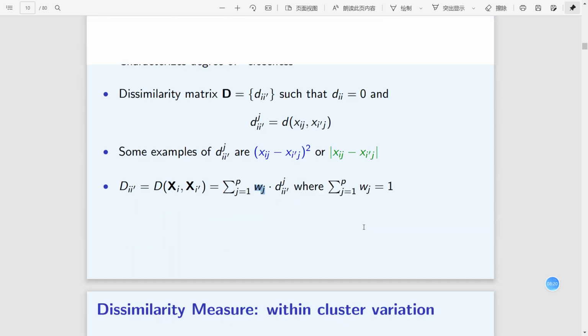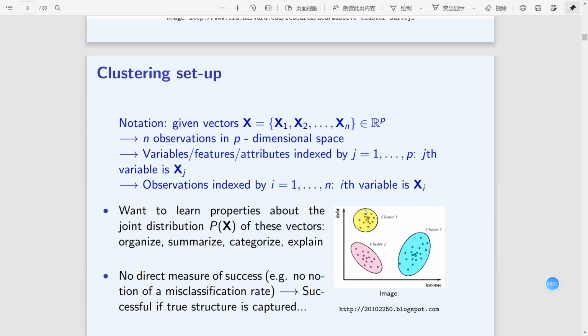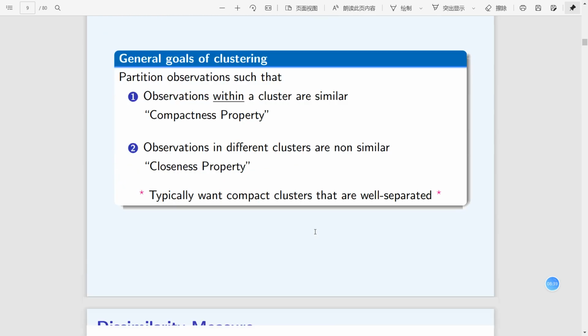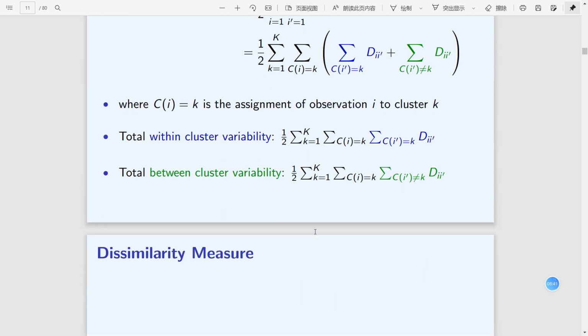So let's go back to the diagram. Within a cluster, we want each sample to be more similar to another one. The more similar, the better. Between each cluster, we want more distance, the better. So we use this one to calculate the distance.